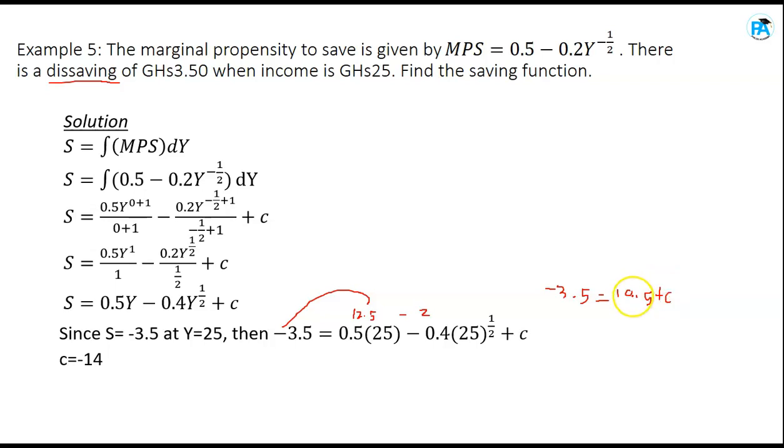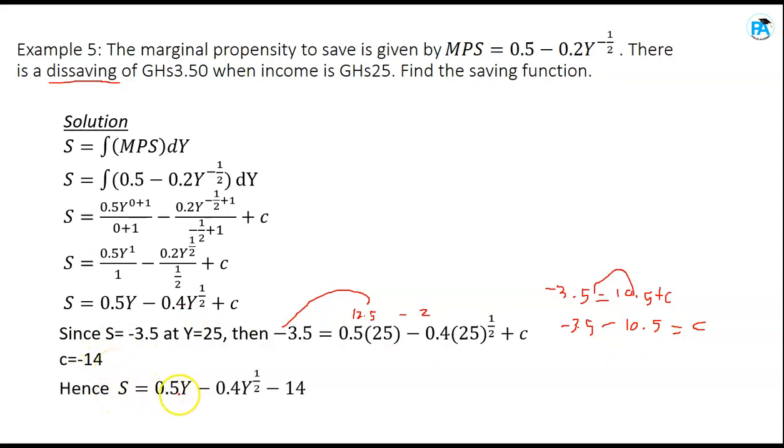So when you group like terms, you bring this one here, isn't it? So you have negative 3.5. Since this was positive and it's crossing the equal to sign, it should also become minus. So minus 10.5 equals c. So use your calculator to press negative 3.5 minus 10.5. It gives you negative 14. So that's why small c is equal to negative 14.